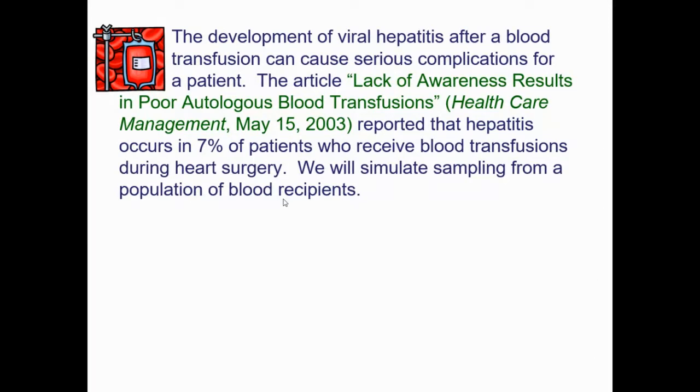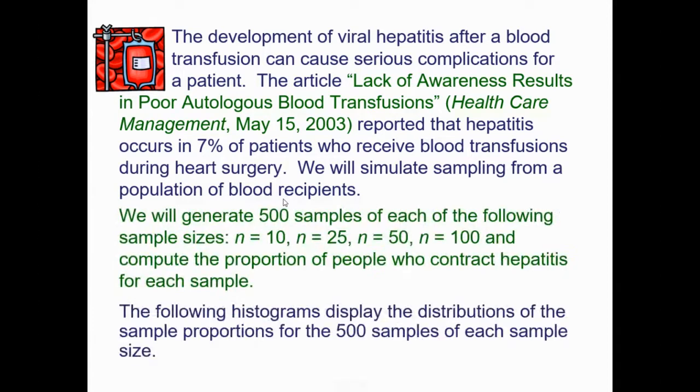So this article reported that hepatitis occurs in 7% of patients who receive blood transfusions during heart surgery. We will simulate sampling from a population of blood recipients. We're going to generate 500 samples, again, with sample sizes each of 10, 25, 50, and 100.